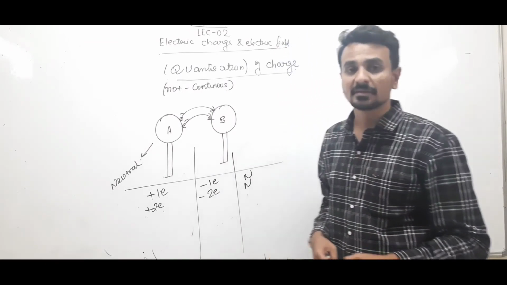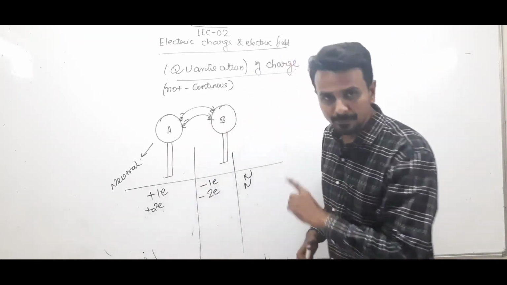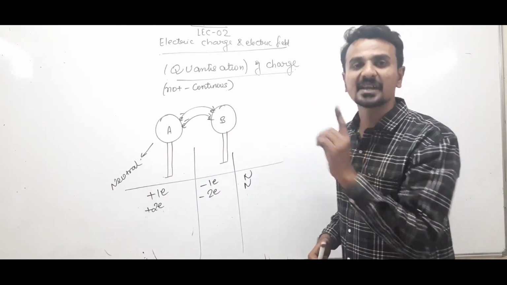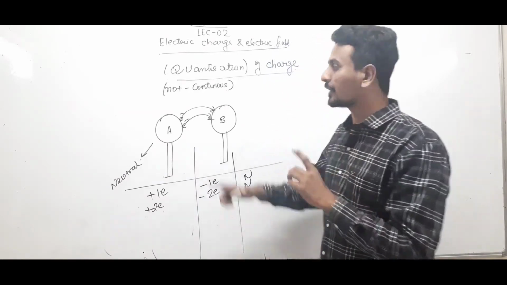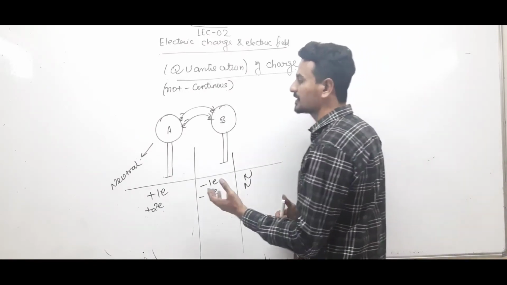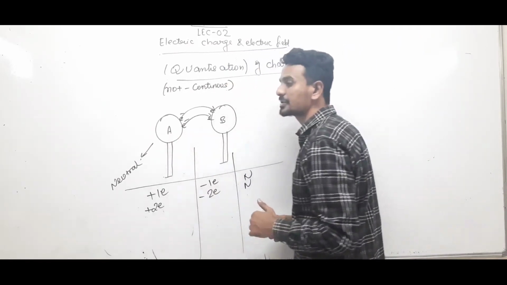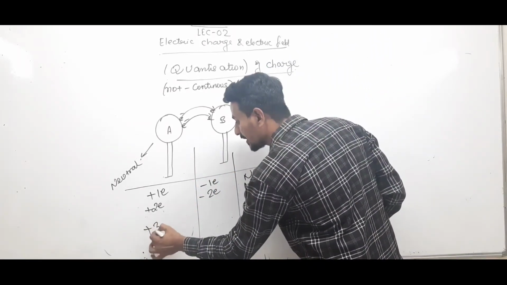That means charge on the body A or body B will never have each and every value. It will only have a fixed amount of value. That is why it is known as quantization of charge. That means we can never say that body A has lost 3.5 electrons, so A will have charge 3.5e.